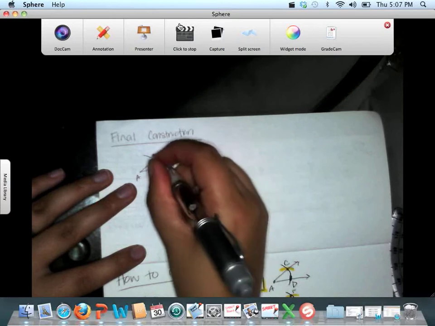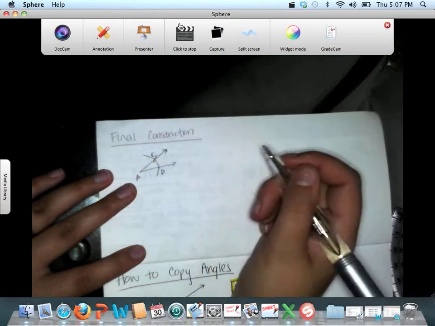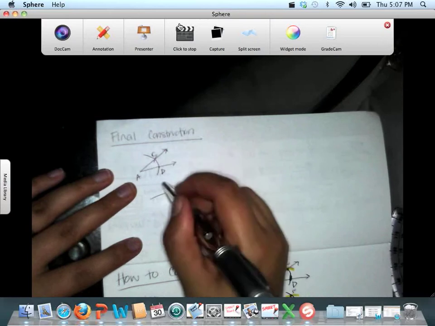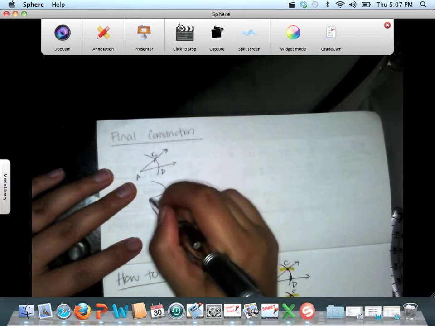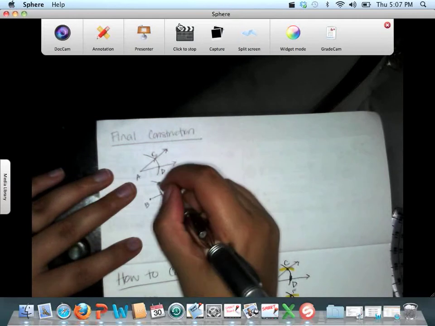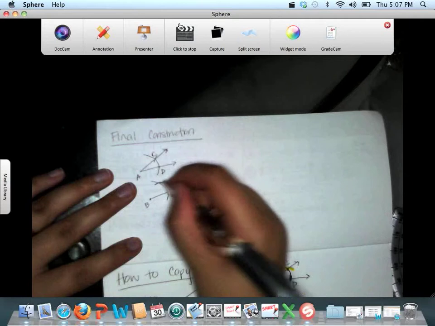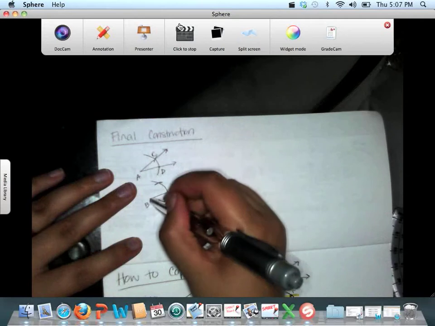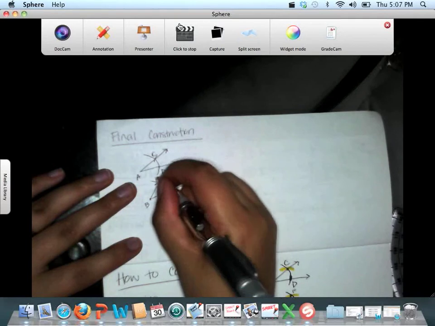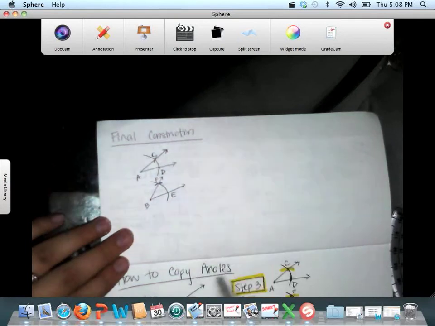So this was D, and this was C. And then you have your new angle with the arc. We name this B and this E. And you have this little arc, because that told you where to connect it. And you get, I believe, F. So in the end, this is what the construction will look like, give or take.